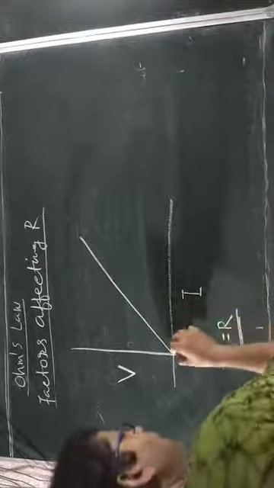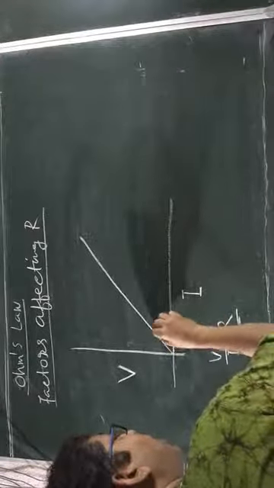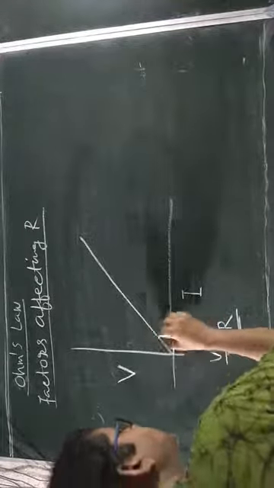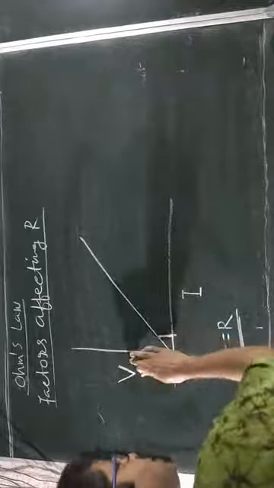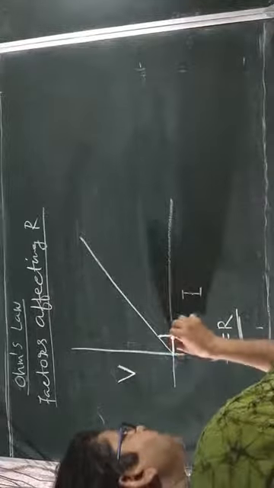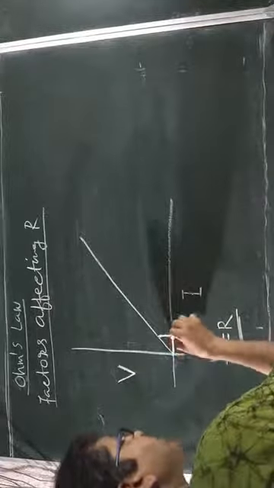When you increase potential difference, current will increase. When you further increase the potential difference by the same amount, the current will increase by the same amount. That means the two factors will proportionally increase each other. So they are called ohmic conductors. For example, all the metallic conductors.